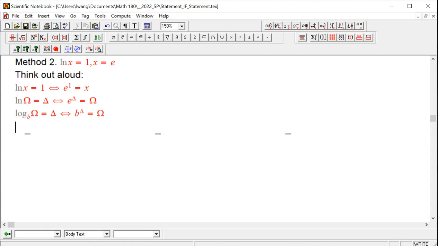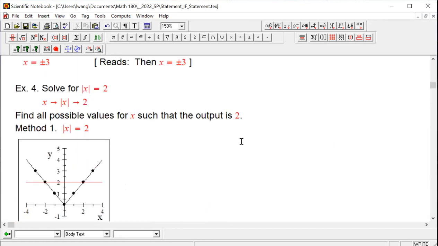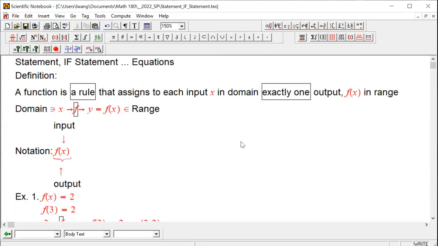In this lesson, basically, we connect with what we did in the previous lessons. We emphasize the function concept. Let's go back to the top.